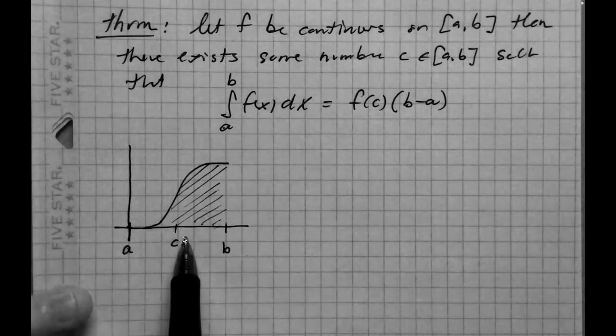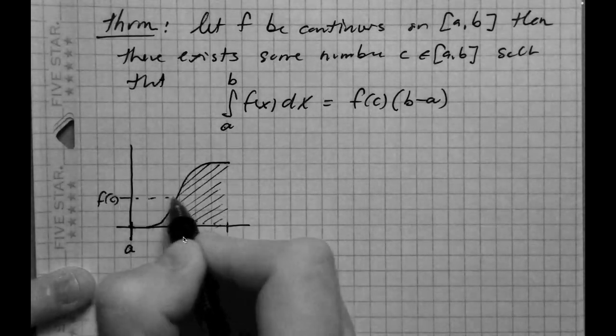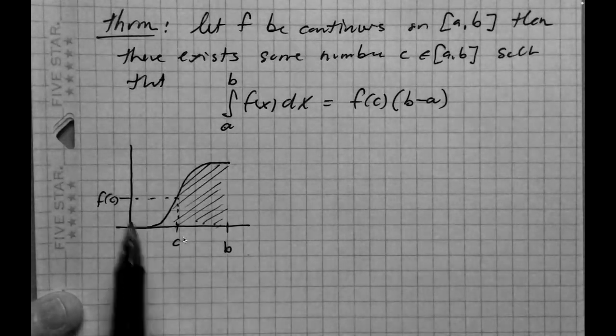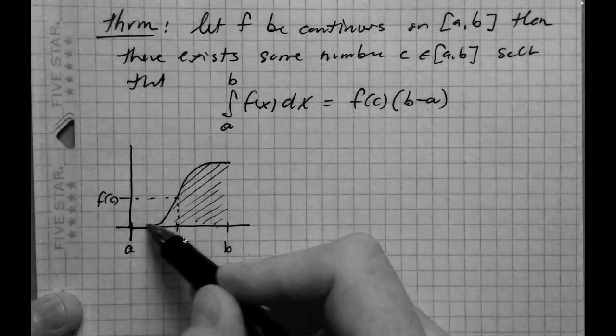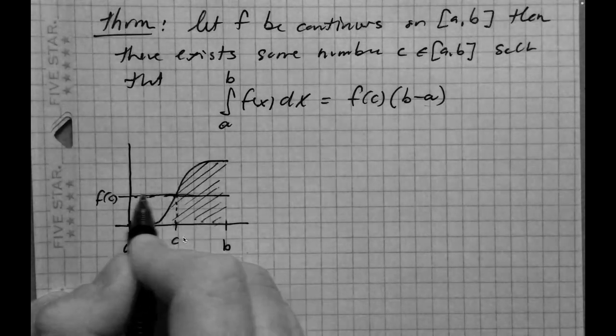There's going to be some c such that f of c, which would be kind of like right about here, right? Such that the area swept out by f of c times b minus a is equal to the area under the curve. And so you can imagine, f of c is kind of like this.